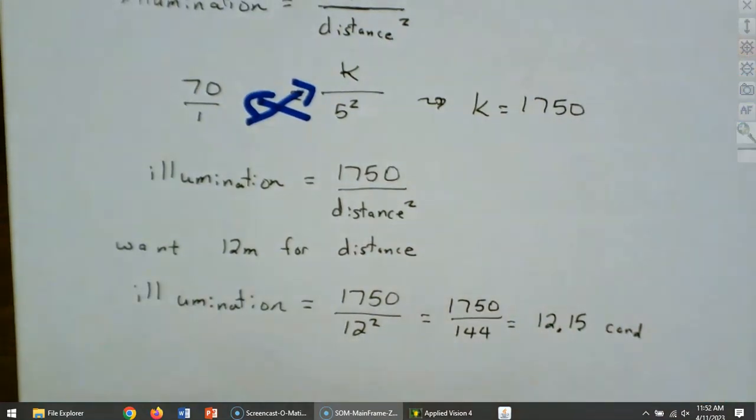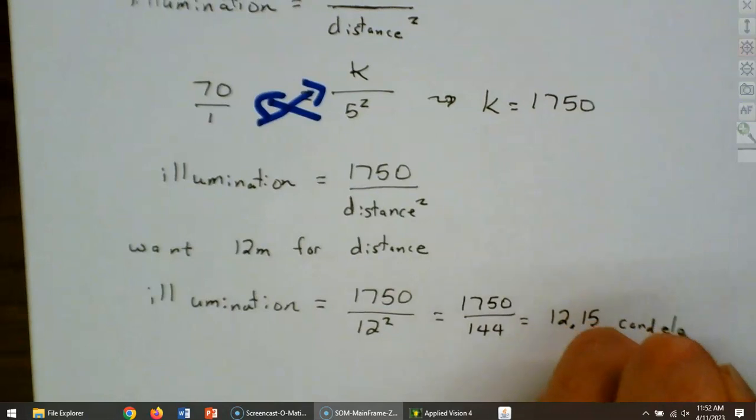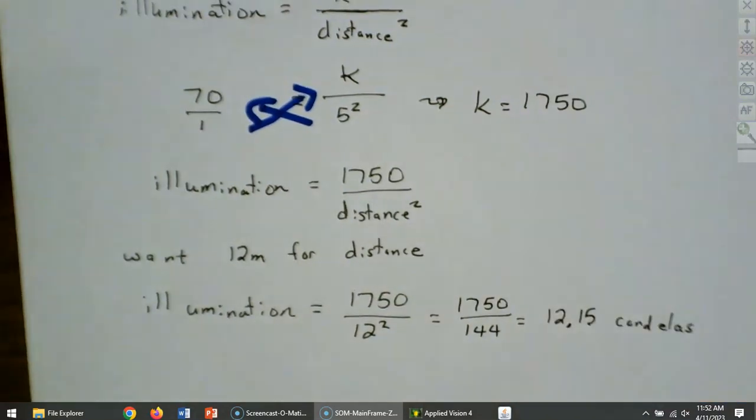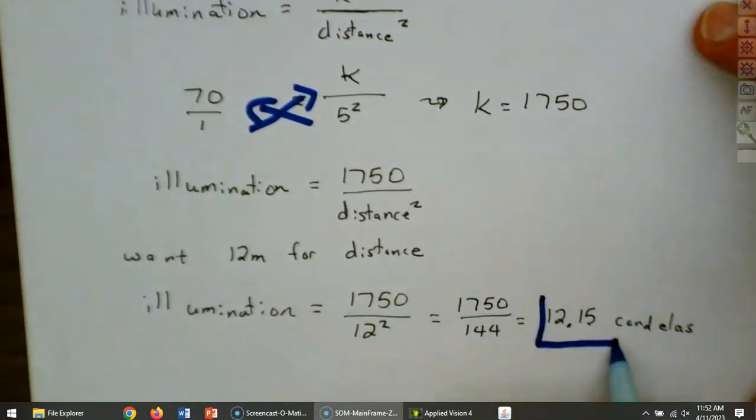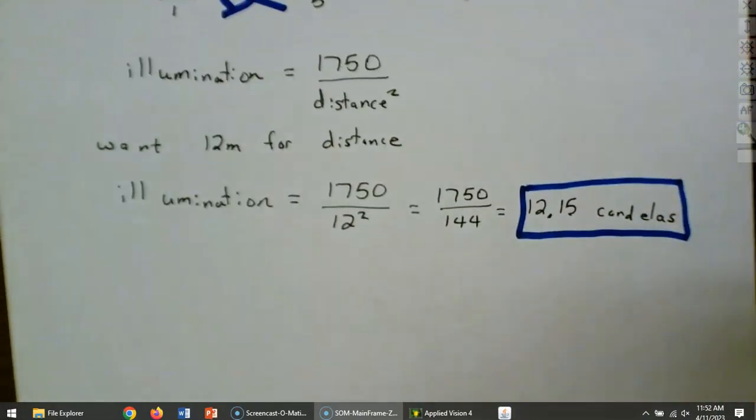And candelas are just a way of measuring light sources. If you take a photography course and you do a lot with photography, how they measure the light in photography is by candelas. So you may see candelas there.